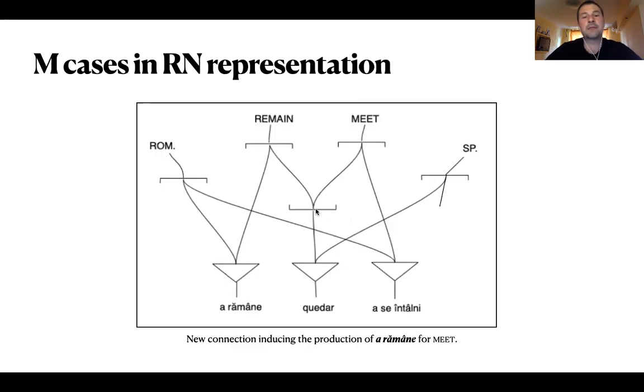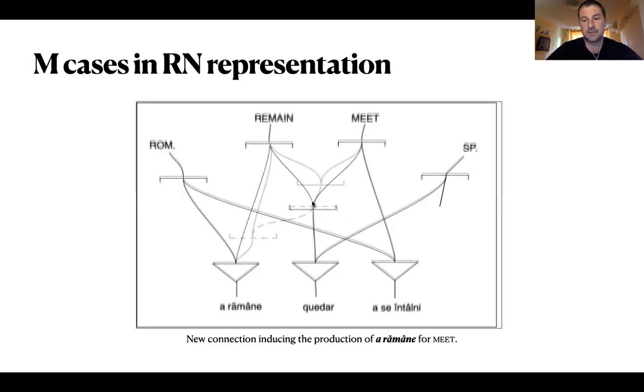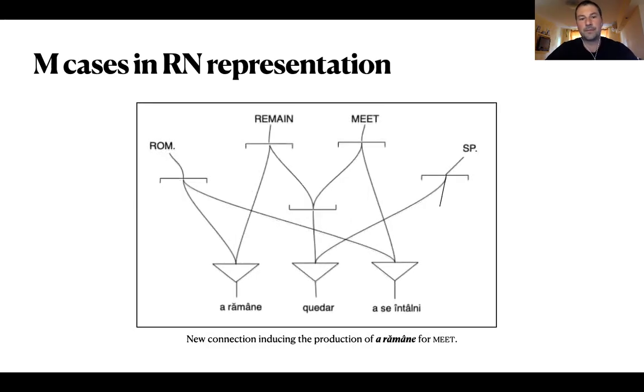The second thing that happens is that this part of the system, these nodes will be active in many occasions in which this node for the production of the lexeme a rămâne will be active. And that's because they are both connected to the conceptual node remain.